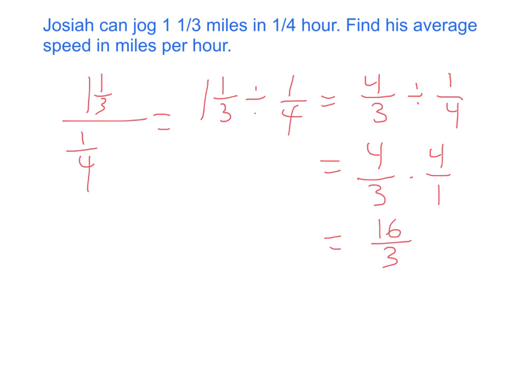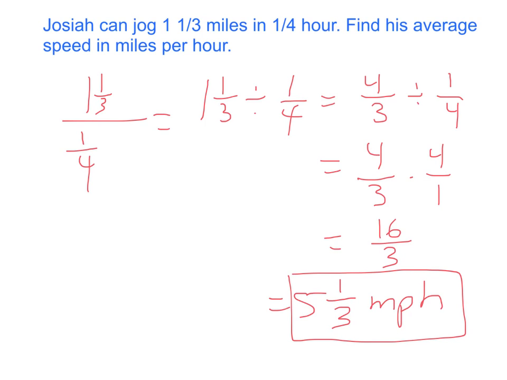But we all know 16 thirds is 5 1/3, and it is miles per hour. And that labeling is so important when it comes to a word problem because it's asking what the miles per hour is. So you have to make sure you label it.